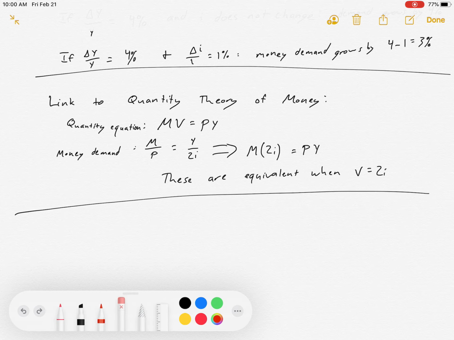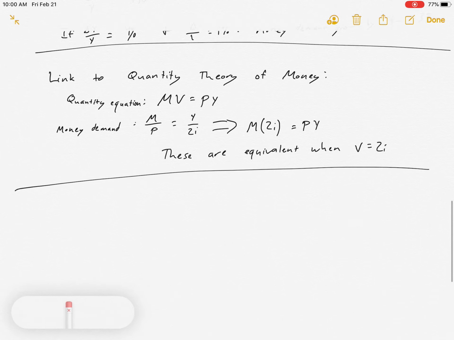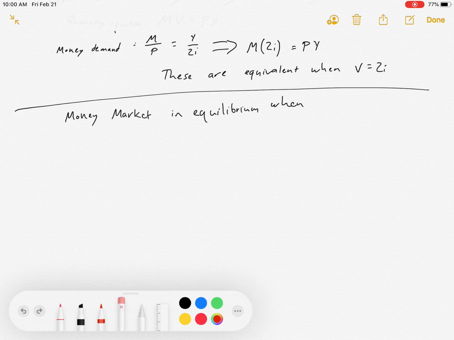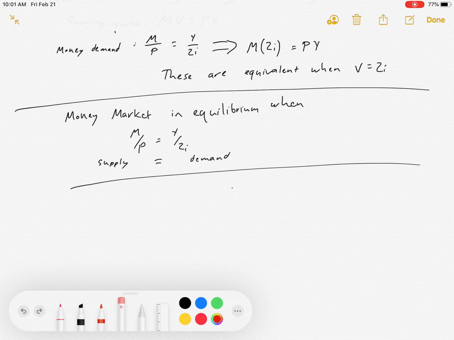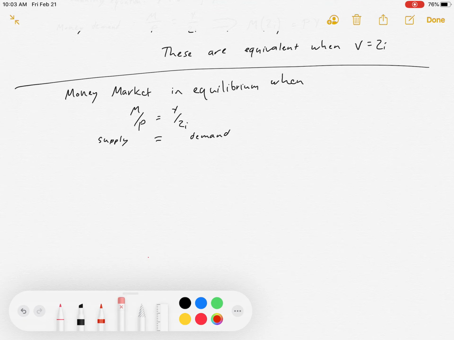So those can get linked together too. There's another avenue we could go down on some application problem. Other note, our money market is in equilibrium when? Can you guess it? When supply equals demand. When that M over P for your supply curve equals the Y over 2I for the demand curve. We'll explore that a little bit in a couple of minutes.